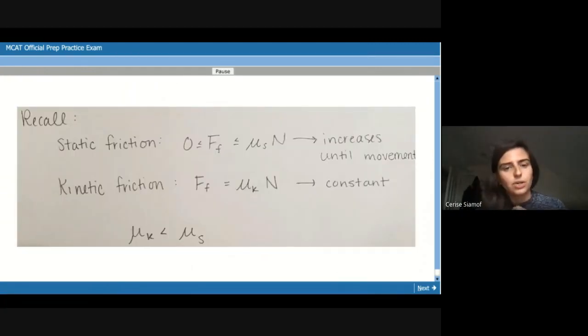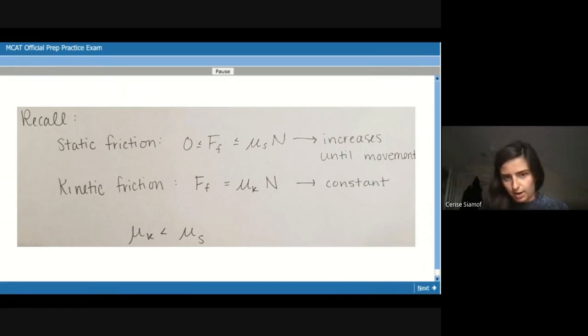If you recall the equations for static friction and kinetic friction, at the top the block is sitting at rest, so at that point there's static friction. This is the equation for static friction first. It starts at 0 and gradually increases until the point at which it equals mu s n.